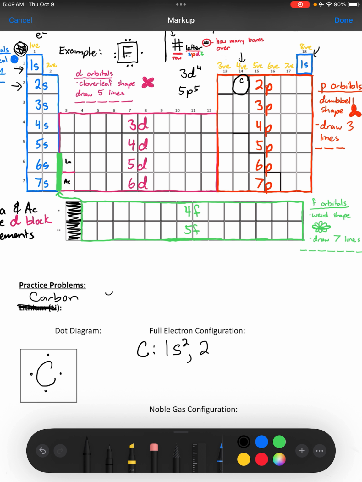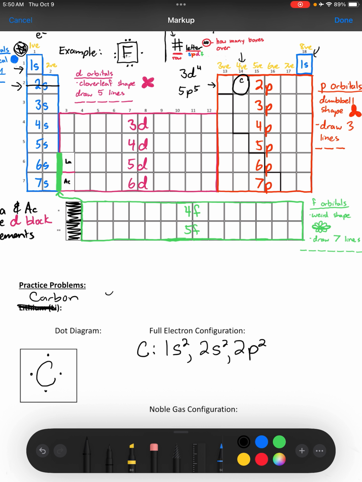We're again looking at an S box first, and there's 2 of those in row 2. So now we've done that, and we're going to move on here. We're still in row 2, but this time we're in a P box, and carbon is the second box over in that row, and we stop when we hit carbon.